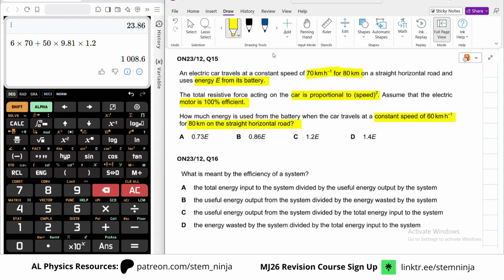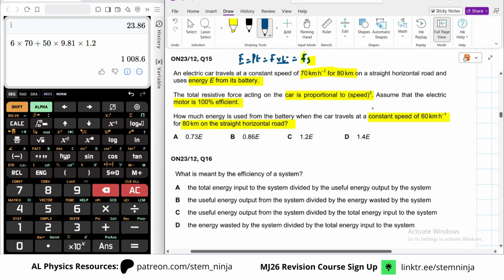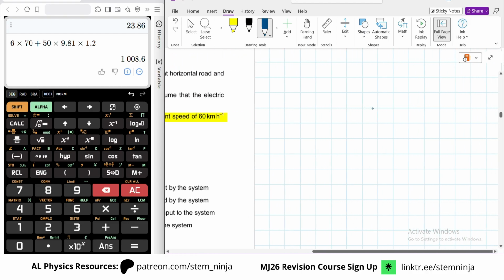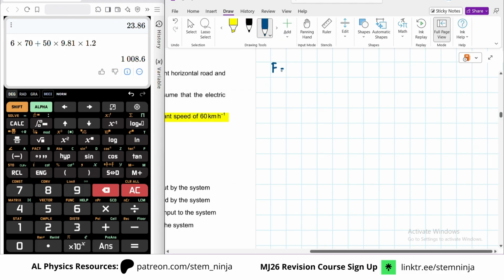So, the question may sound a little bit confusing, where the distance is given, speed is given like this. However, all we need to know is energy E is equal to PT, which is FVT, and your VT is Fs. S we already know, we need to find out F, or the expression for F. So when we have 70 kilometers per hour for 80 kilometers, we know that F is proportional to V squared.